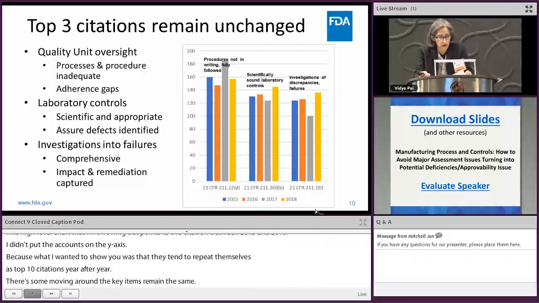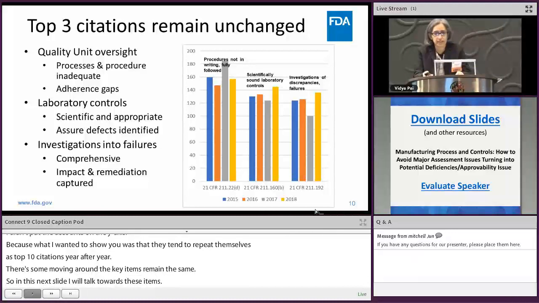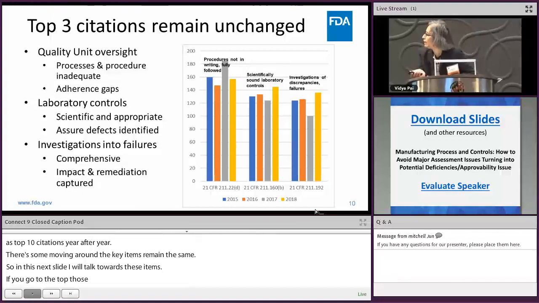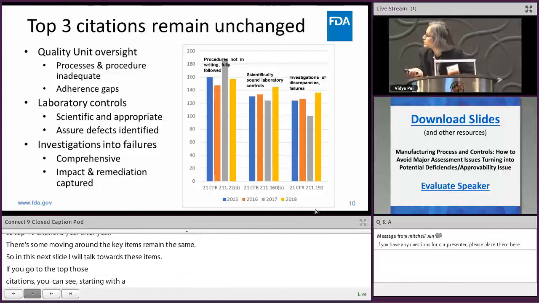So if we go and talk towards the top 3 citations, you can see they tend to remain unchanged. Starting with the quality unit oversight being the key one, which is 21 CFR 211.22(d), which has been the main one that we see at the top of the list.